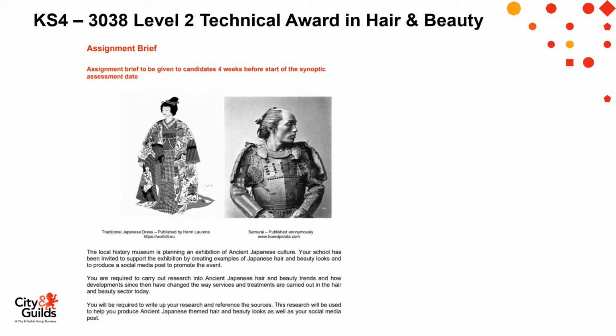I'm going to give you some examples of what they could do to recreate these themes. For hairstyles, they will almost probably have an element of hair up and a Japanese themed ornament will be used.